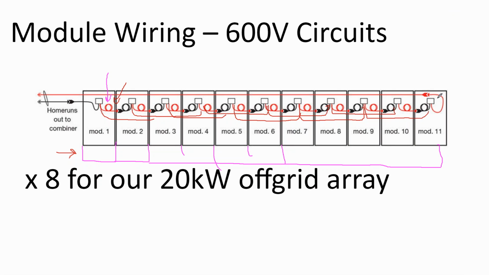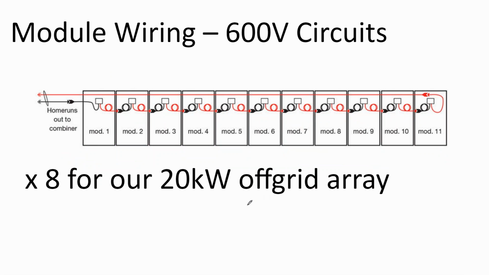That was our positive run. Now we're coming back with our negative run and doing every other again. So it's called skip stepping. It's called leapfrogging.